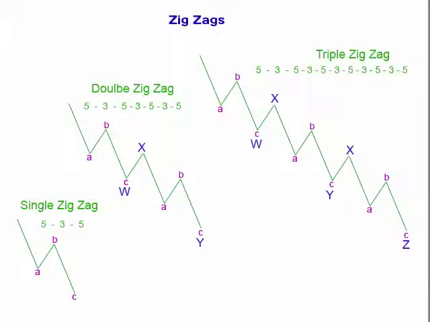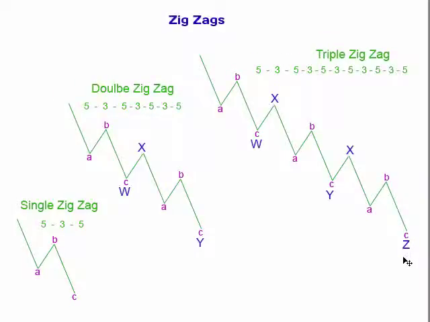Triple zigzags, on the other hand, are very rare structures, and you should only label a movement as a triple zigzag if all the subdivisions fit perfectly. It's all the same as a double to this point here, and then we have a third zigzag joined by another 3, a simple 3 in the opposite direction, which is labelled X, and then a third zigzag, 5, 3, 5, deepens the correction even further.